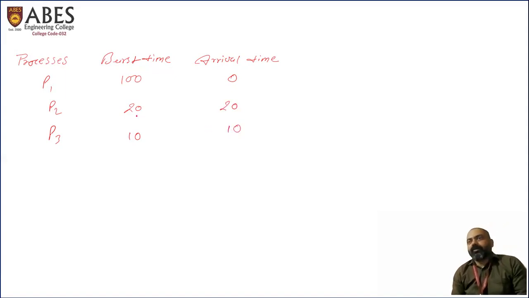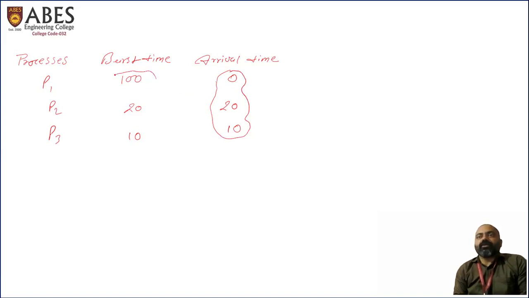So here we have some precautions. The precaution is that you very carefully watch out for the arrival sequence, because this will tell you how many processes are available for execution. Then we have to sort all the available processes according to their burst time.